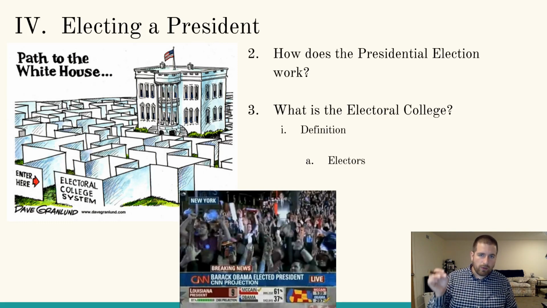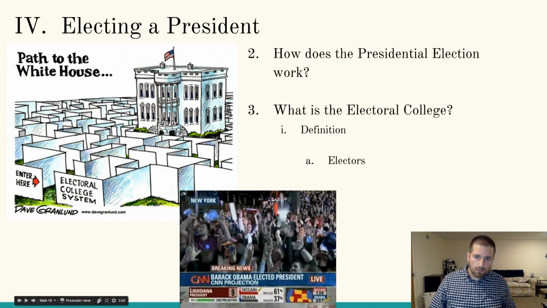Do you want to vote Clinton, Kaine, or do you want to vote Trump, Pence? You're not actually voting for them directly. You're voting for, in the case of Ohio, the 18 electors that have pledged to vote for Trump or the 18 electors that have pledged to vote for Clinton. That's how the system works. So we're voting for people that will then vote for the president.